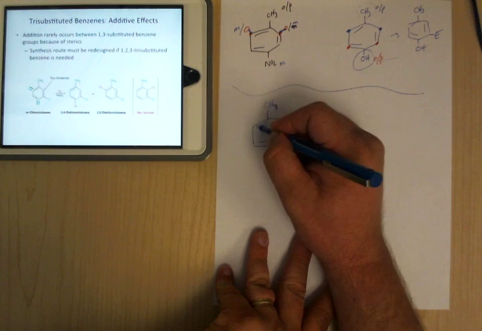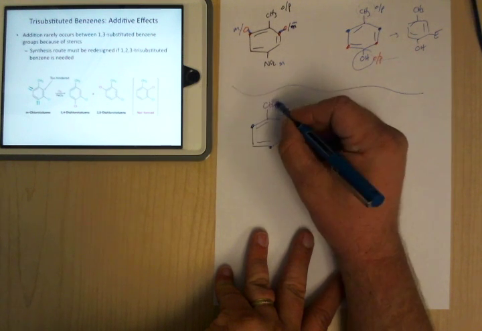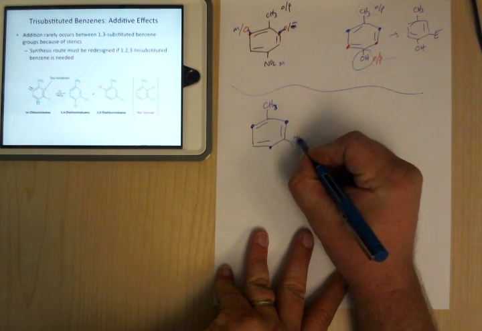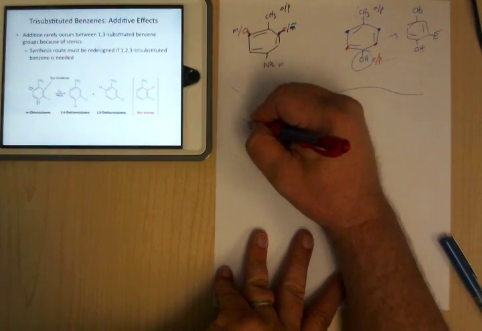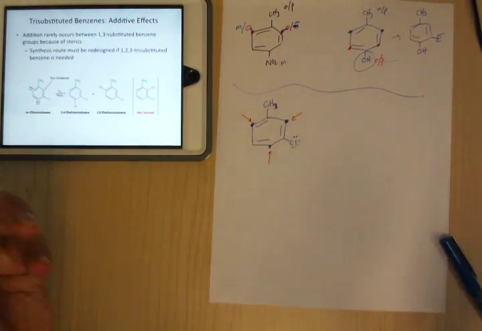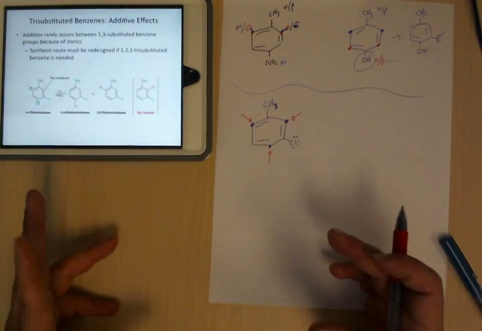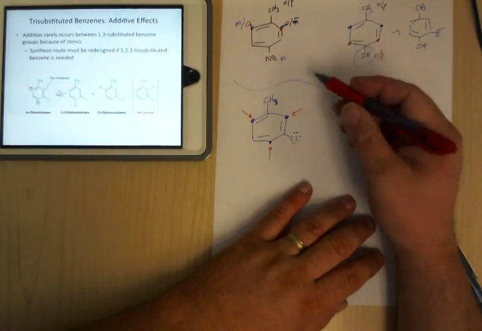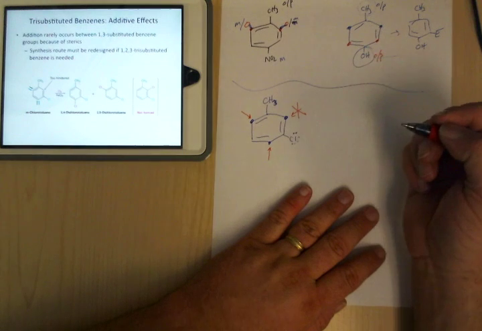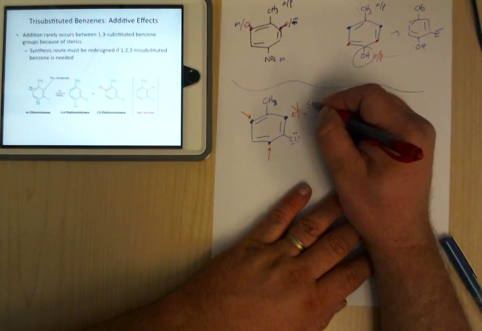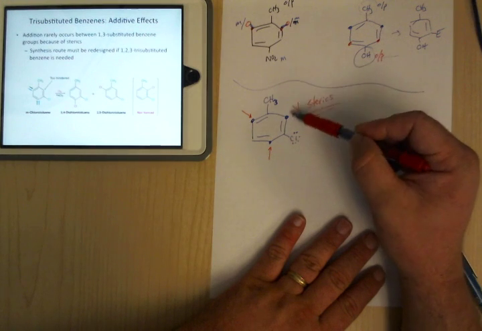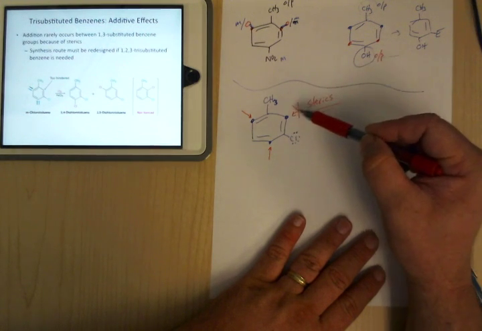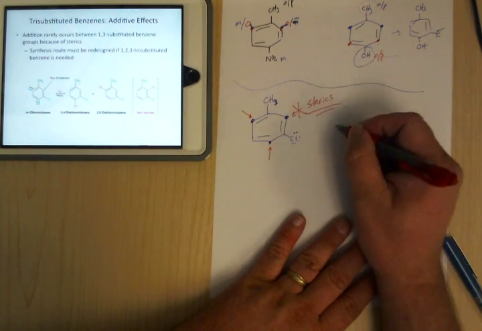Both of these are ortho-para directors, because that's an alkyl group, and this one has lone pairs right next to it. So they're going to go here, here, and here. They're both additive to those three positions. The problem is this one is not going to get added to, because it's just sterics. It's too hindered to get in here. So you're going to get this product.